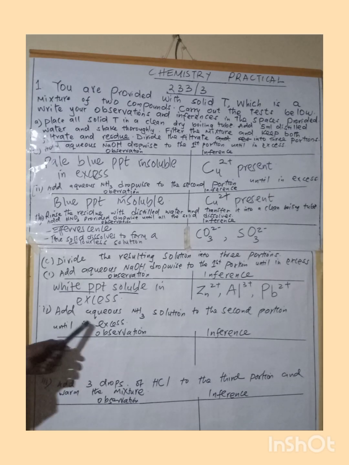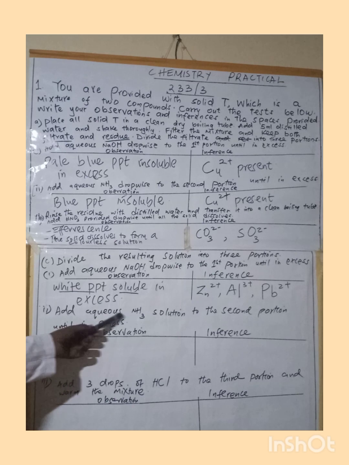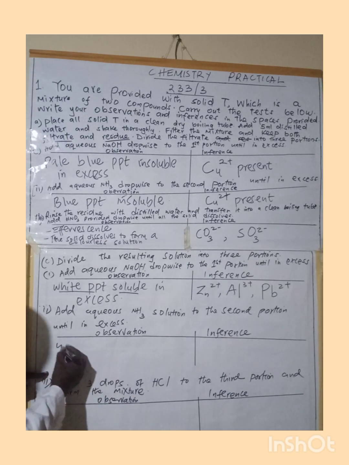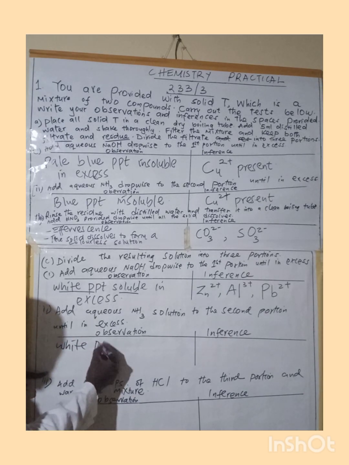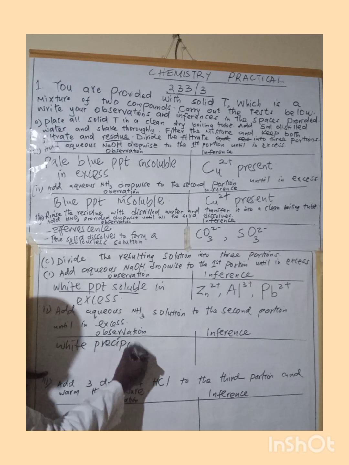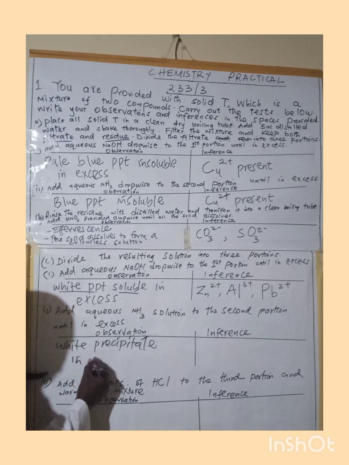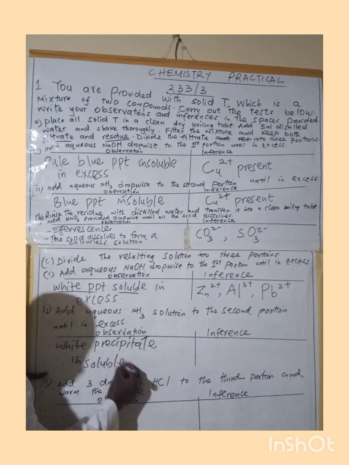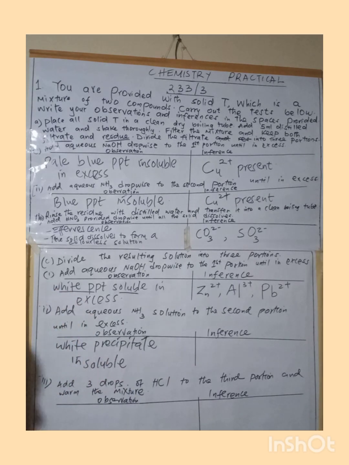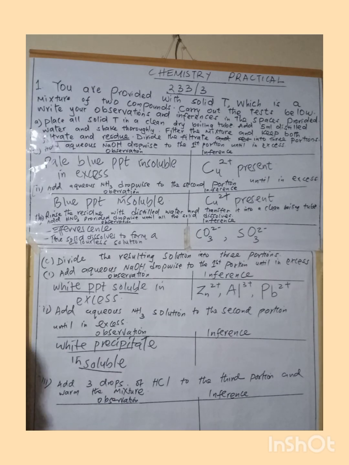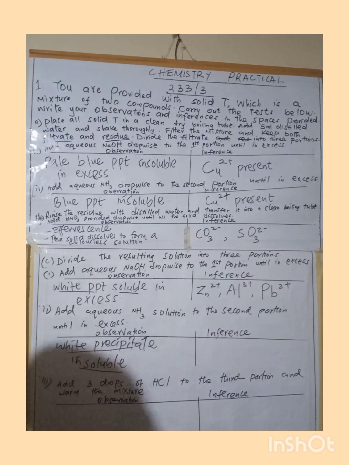Now, if you are adding now the Roman 2 aqueous ammonia, the second portion, and then in excess, the observation which was made is that the white precipitate was insoluble in excess, that is what was seen. So if it was to dissolve, we could have said zinc ions present.